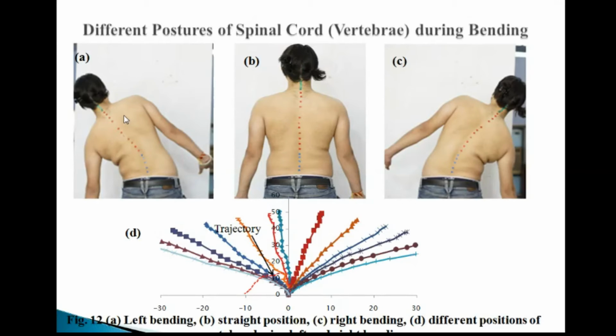On the frontal plane I have considered this bending movement, and these are the extreme positions I have shown here in figures A and C. In figure D I have considered all the 7 positions.